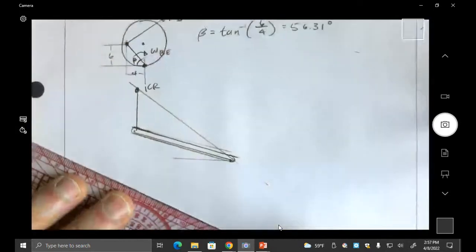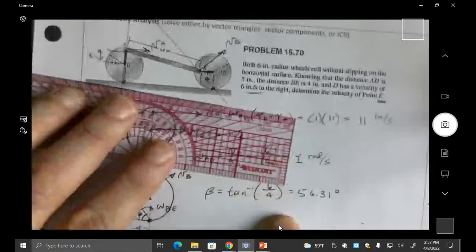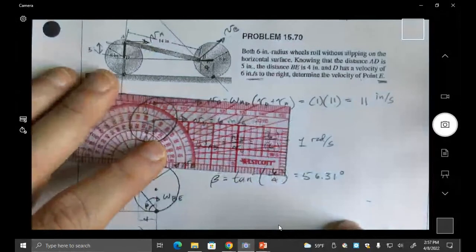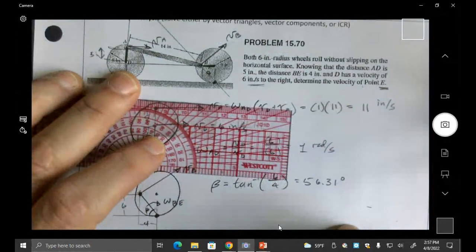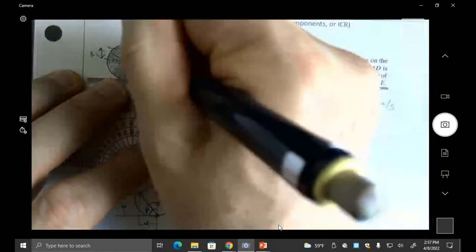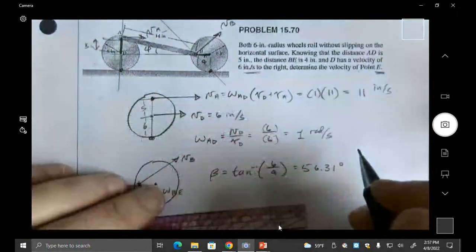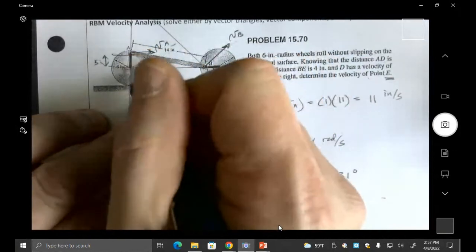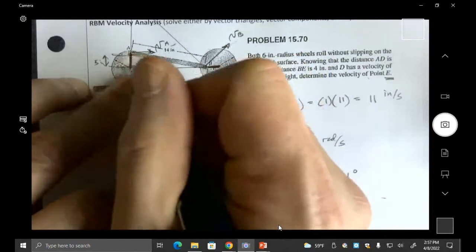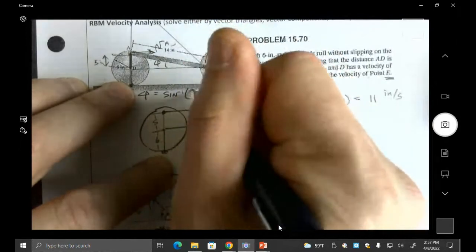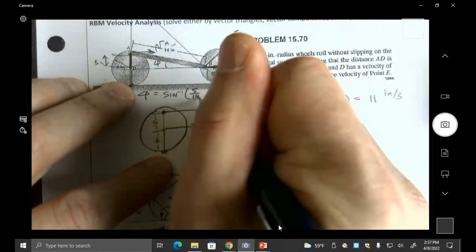I also need to find some geometry of this angle right here. It looks to me like we would find, I'm going to call this one not beta, because I already used beta, I'll go phi. Right, and so phi is, I have the opposite from it, which is 5 inches, and I have the hypotenuse, so I'll take the inverse sine of 5/14.